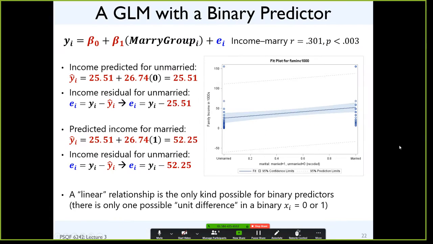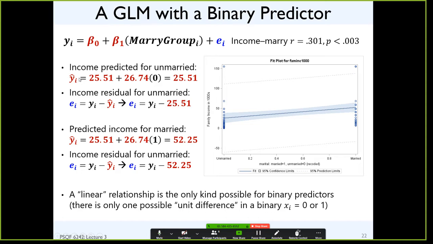Okay. So here's my model. Y sub i, family income, equals my intercept beta 0 plus my slope for married group beta 1 plus e. So if I were to predict what income would be from this model for somebody who is unmarried, that works out to be this right here. Y hat, remember what Y hat is?